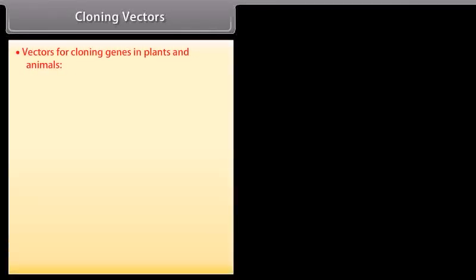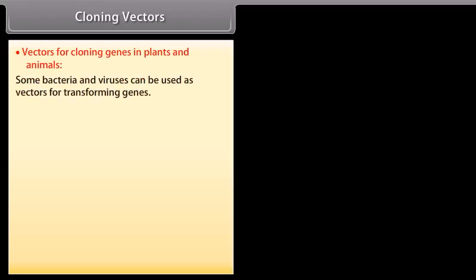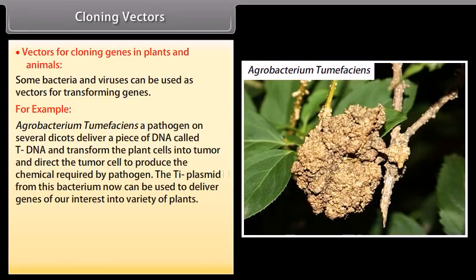Vectors for cloning genes in plants and animals. Some bacteria and viruses can be used as vectors for transferring genes. For example, Agrobacterium tumefaciens, a pathogen of several dicots, delivers a piece of DNA called T-DNA and transforms the plant cells into tumor cells and directs them to produce the chemicals required by the pathogen.